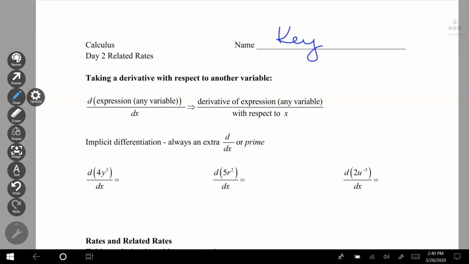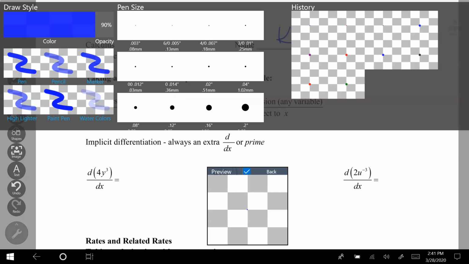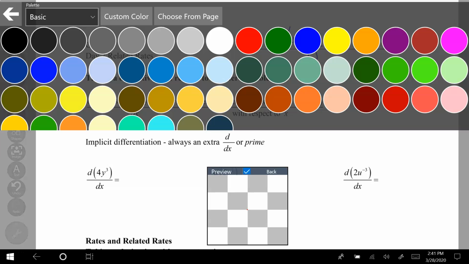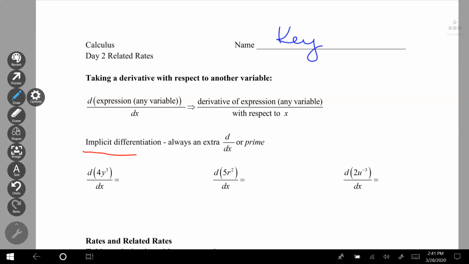And today we're going to review taking a derivative with respect to another variable, or implicit differentiation. I'm going to change my color. So the whole idea of implicit differentiation means we always put in this extra d over dx, or prime sort of idea.